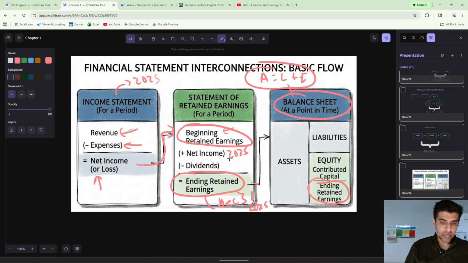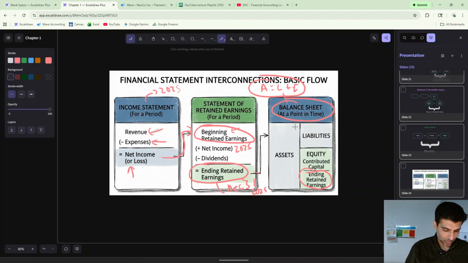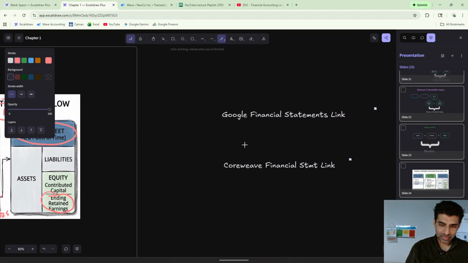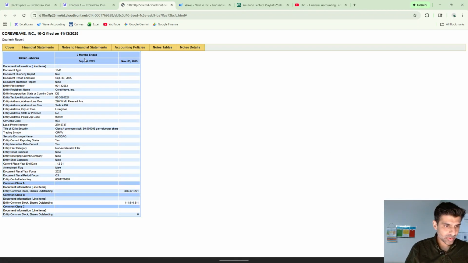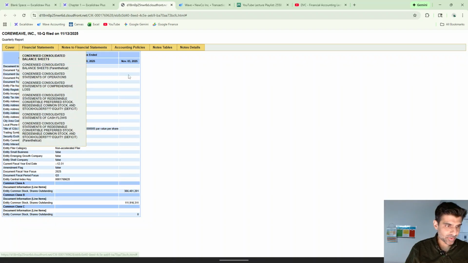So, maybe let's look at one more real company, just to remind you. So this is CoreWeave. They're like a server company, they provide these data centers. So let's see what they got here. Okay, so these are their main financial statements.